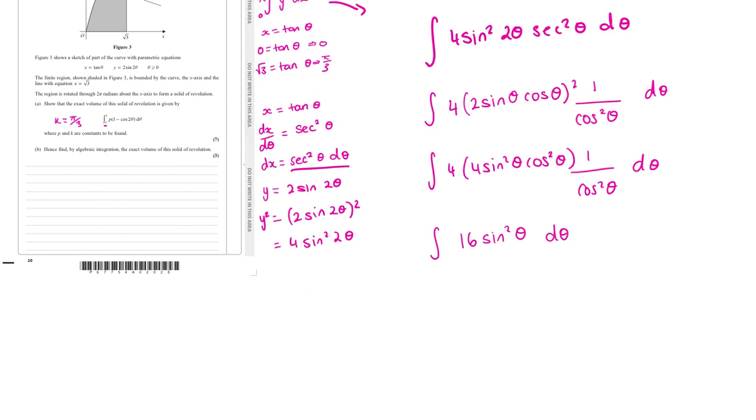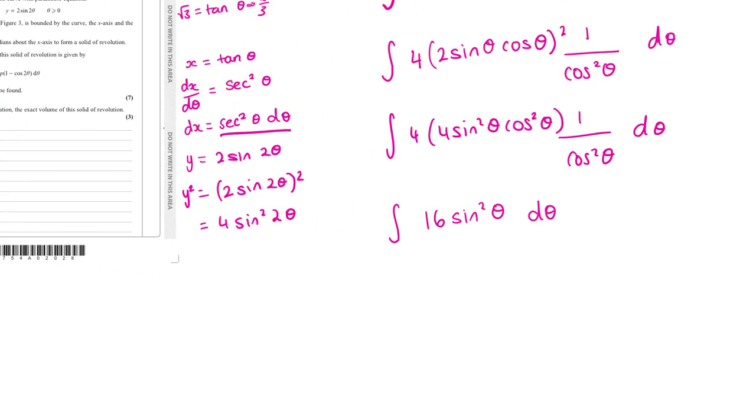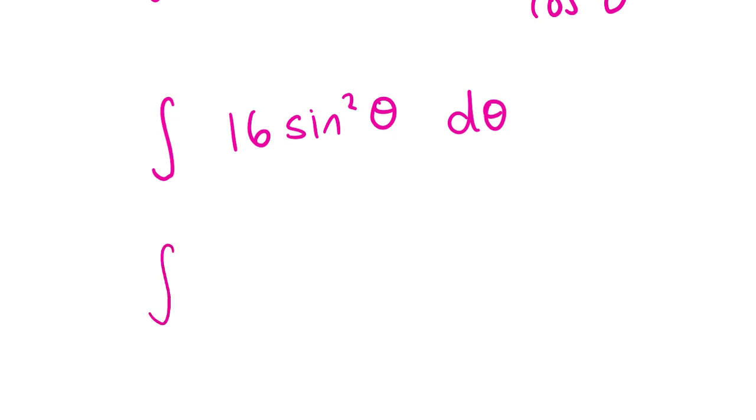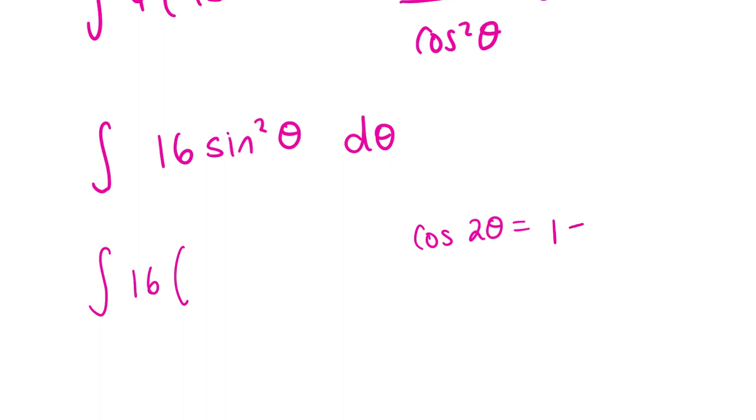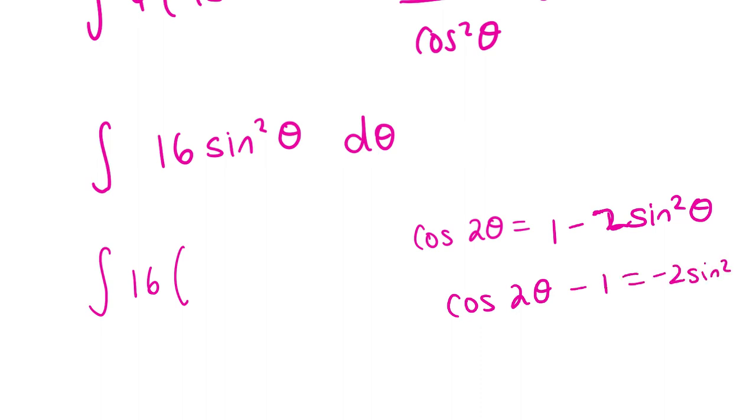It wants it in the form 1 minus cos 2 theta. So what is 16 sine squared theta? Sine squared theta we know is, what is the cos of 2 theta with the sine squared? Is it 1 minus 2 sine squared theta? So cos of 2 theta minus 1 equals negative 2 sine squared theta.